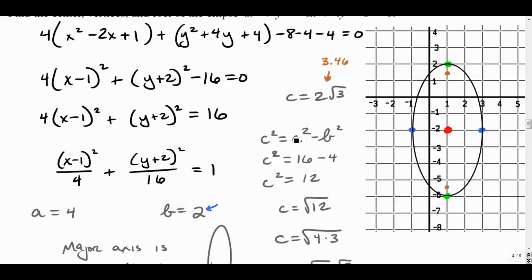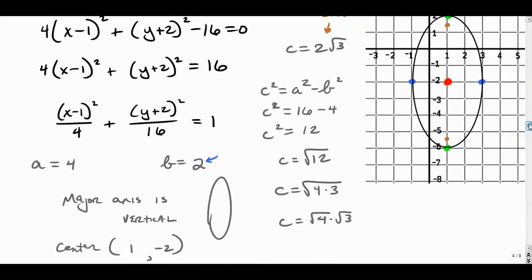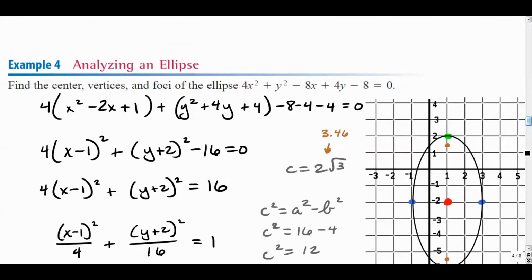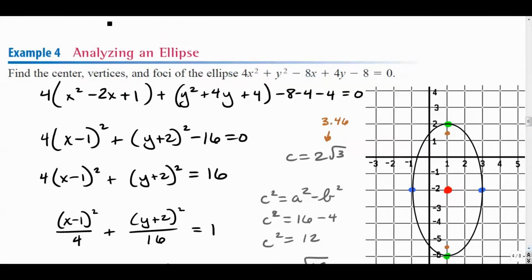All right, so I guess it's probably a good idea to be really thorough here and start making a list of not only where your center is, but also the location of your vertices, your co-vertices, and your foci. So let's make a list. We have our center, which we said was at 1, negative 2.